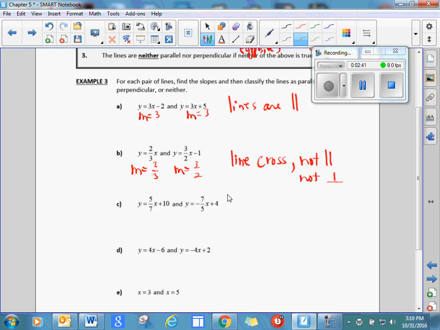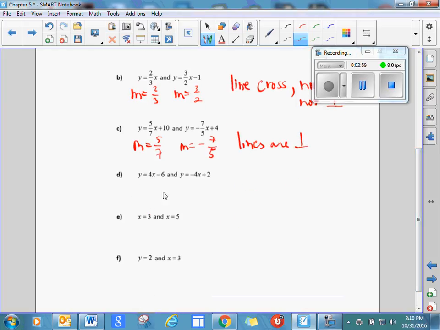Example number C, the slope is 5 over 7 for this one, and on this one the slope is negative 7 over 5. These are negative reciprocals, so the lines are perpendicular. This page is going pretty quickly until we get to this problem, because we now have to figure out what the slope of these lines are.